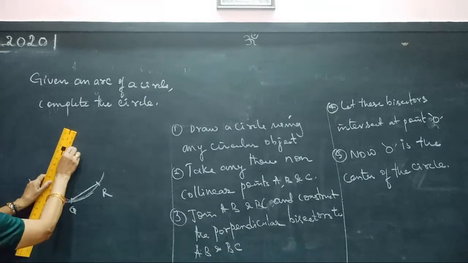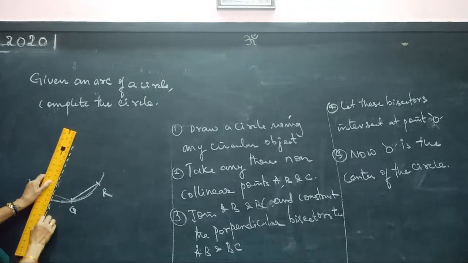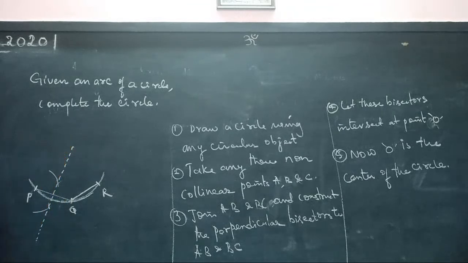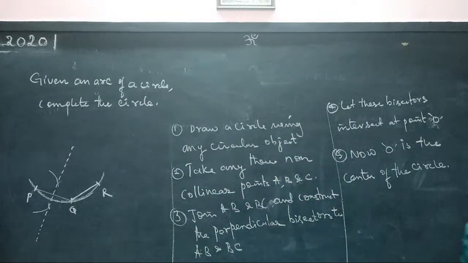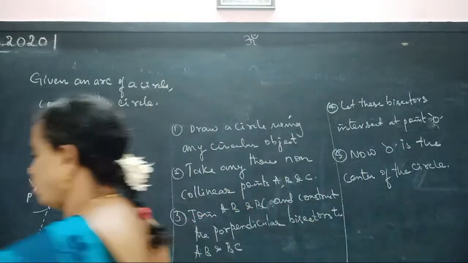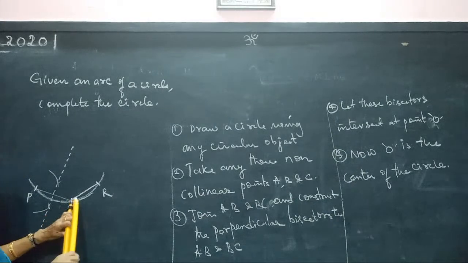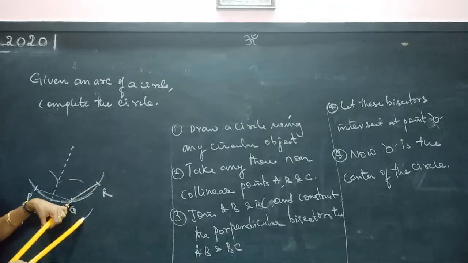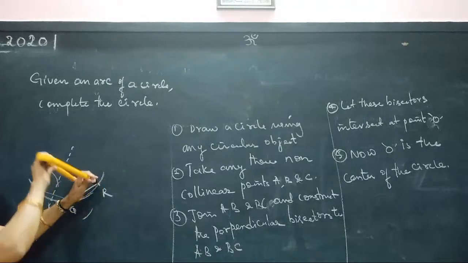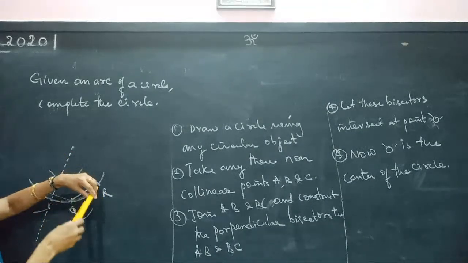Whatever construction you do, try to show that in a dotted line or using any color pencil. Same thing, you do it for the part QR. Taking more than half of QR, draw arcs on both sides with R as center, cutting off the former arc like this.